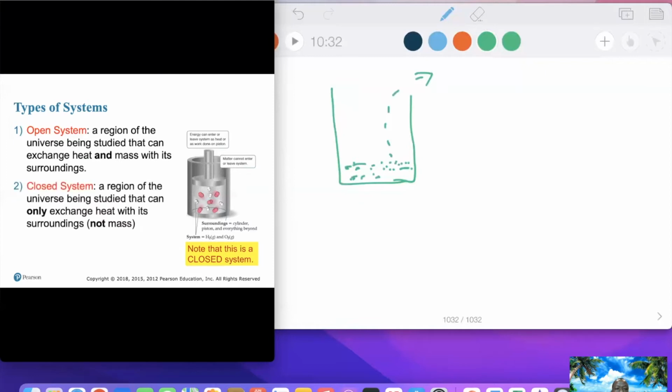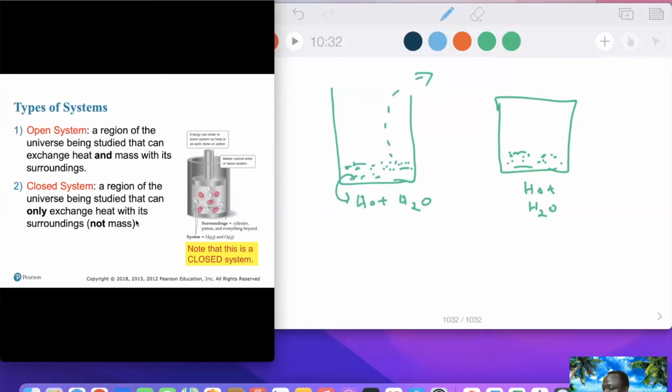There is the closed system. Let's say we have our hot H2O in a closed container, but it can radiate, so it will lose heat. A closed system is a region of the universe being studied that can only exchange heat, so underline the word heat, but we cannot lose mass.